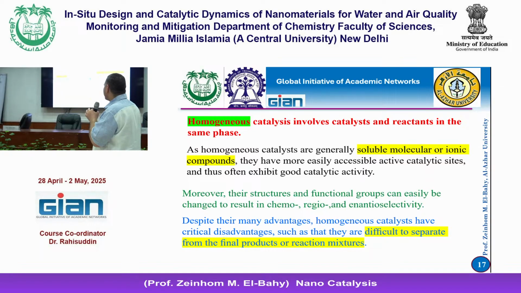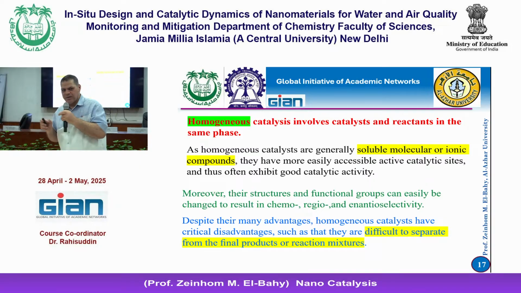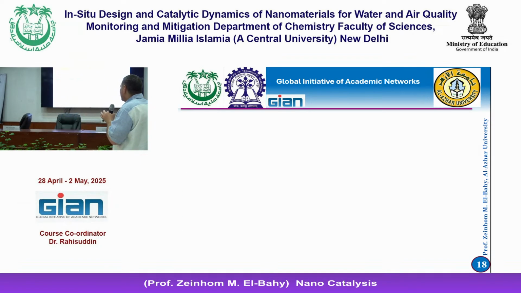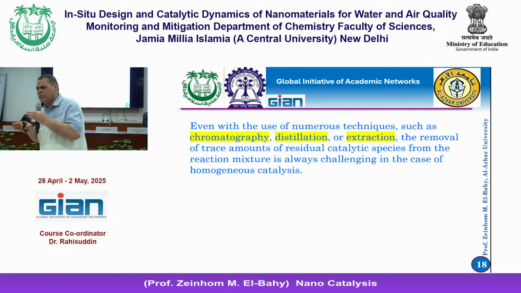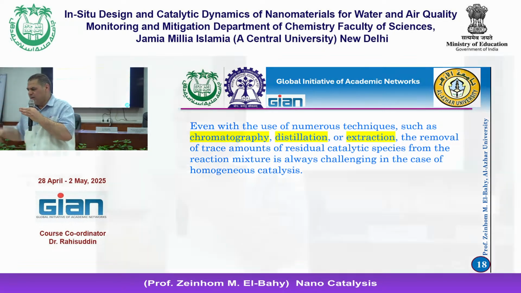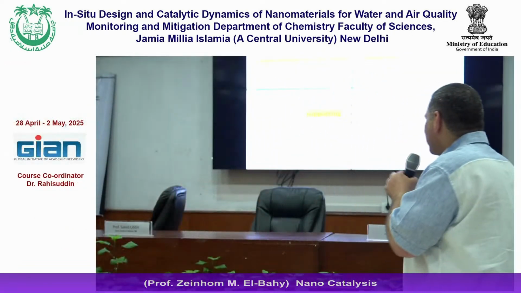The main disadvantage is that they are difficult to separate from the final product or reaction mixtures, as we already mentioned. To make the separation, you can use chromatography, distillation, extraction, and all of these will not do the job 100%, and will also cost you much.